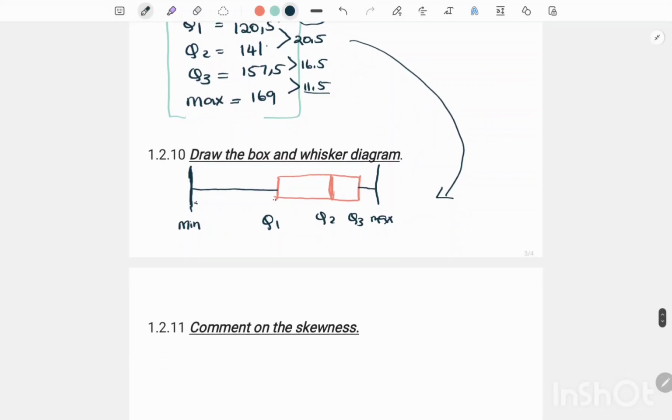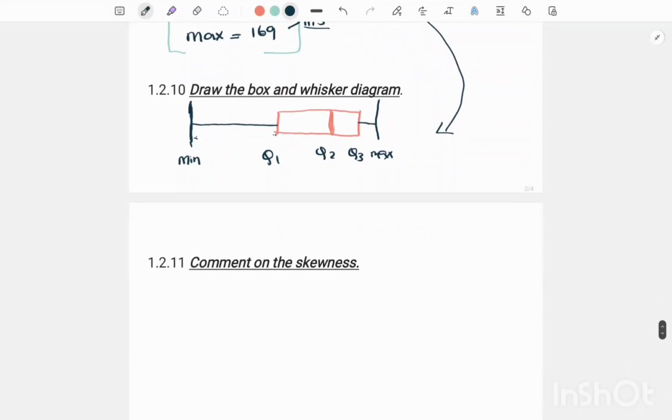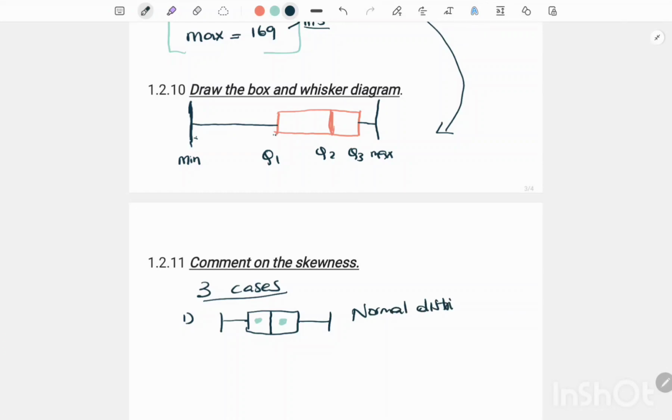Last step, you're going to comment on the skewness. Now there are 3 scenarios. The first one, when this box is the same as this one, when they are the same, then we call this a normal distribution, whereby the mean is exactly the same as the median.